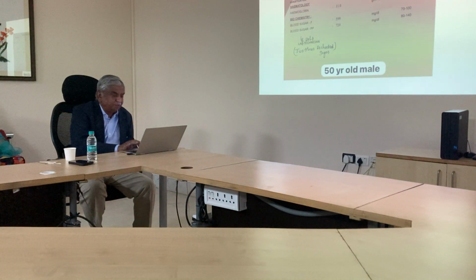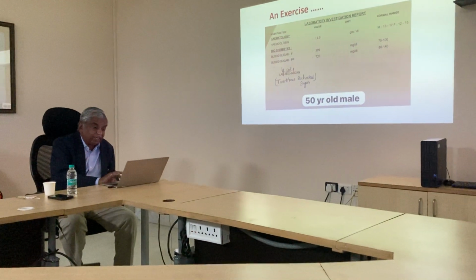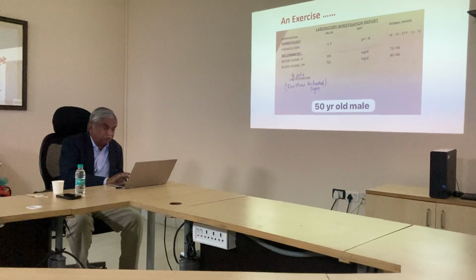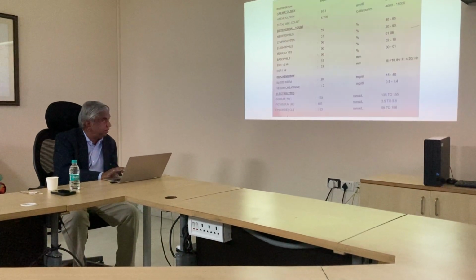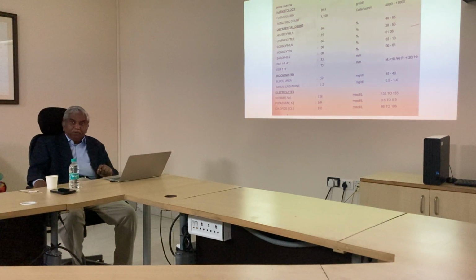So 1.6, some people say 1.8, and some say 2.4 also. There is a lot of error in this. There is a recent article which has even debated the correction factors to be used. Even if you use 1.6, 5 into 1.6 is 8. So 128 plus 8, 136. So the sodium is normal.